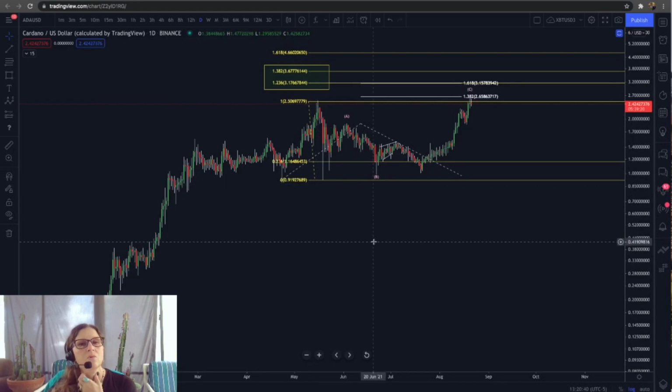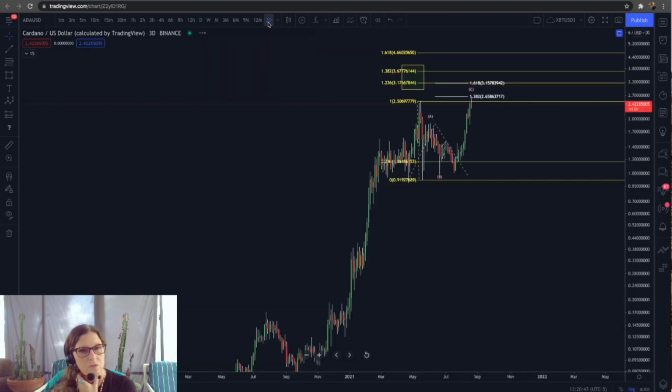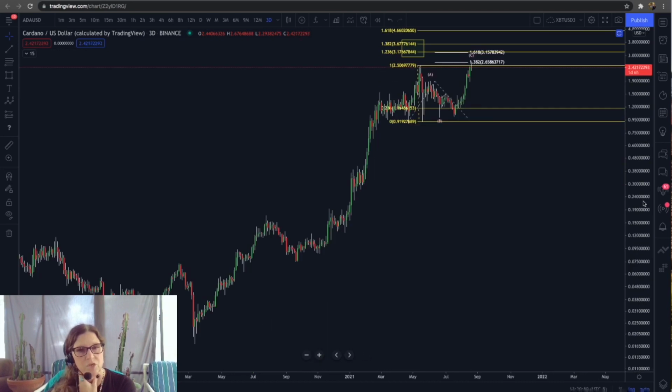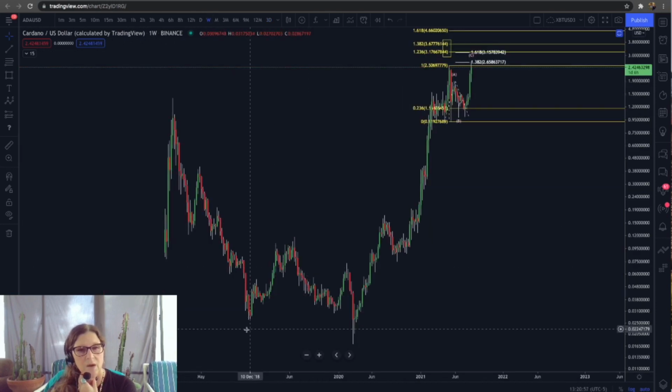All right, so I had a request for ADA. ADA to me looks like it's pretty much in the same position as Bitcoin. The only difference with ADA is that we can't call this a 1 and a 2 because this came too deep and broke the 1.